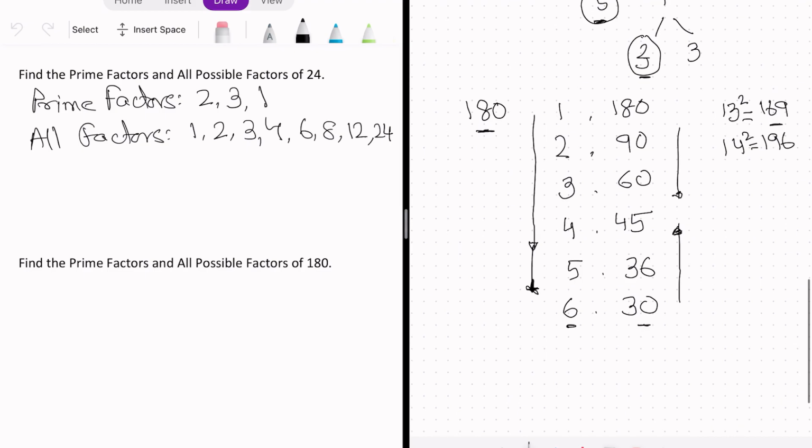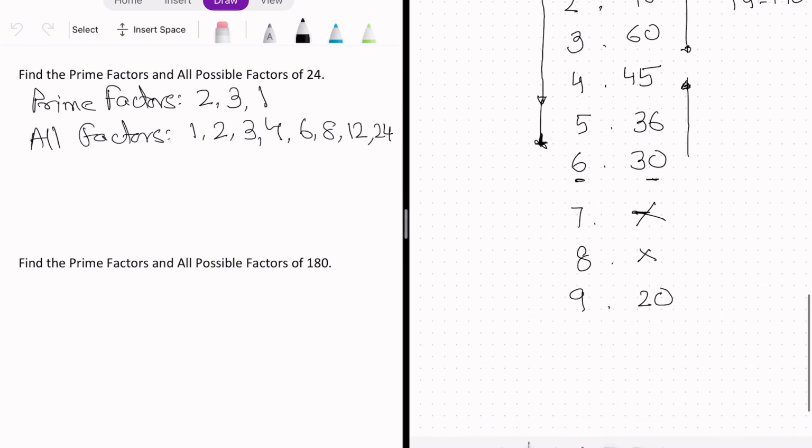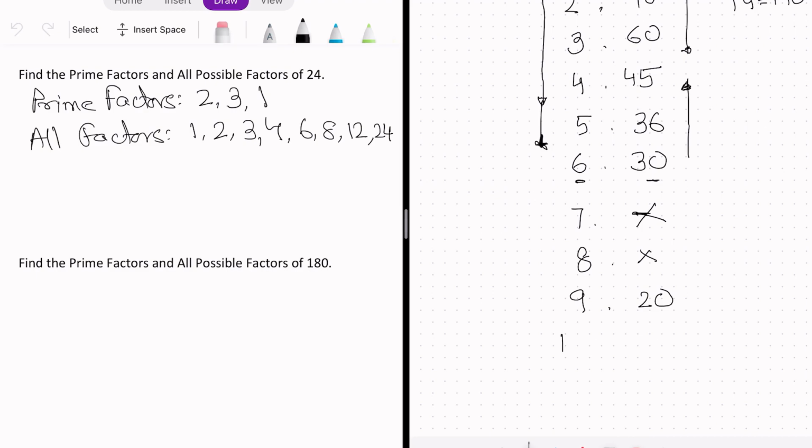Right, so let's go to the next one. 7 is not a factor. I have nothing here. Let's go to 8. 8 does not have a factor here. Let's go to 9. I've got 20. The next number is 10, will be 18.